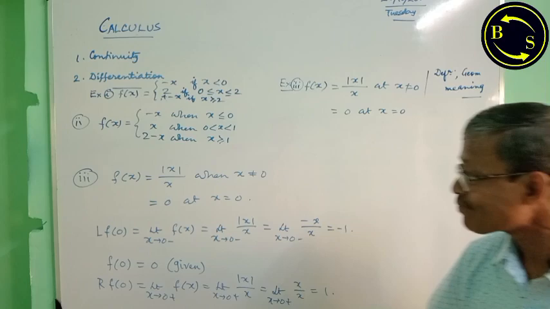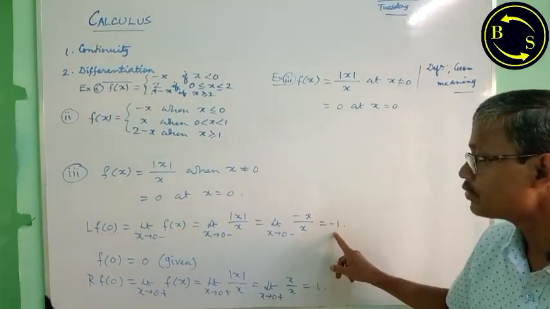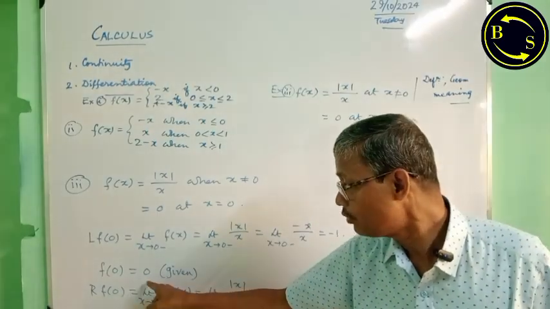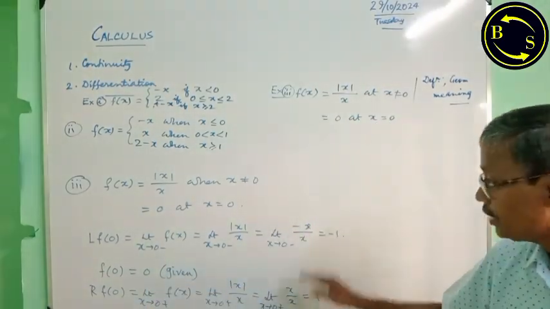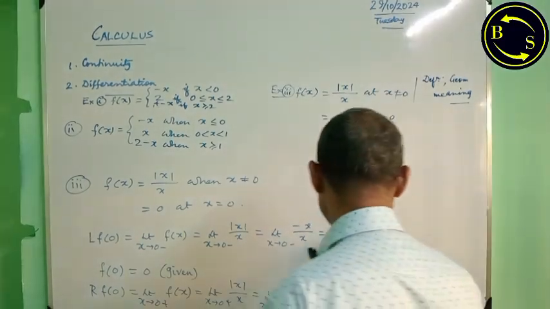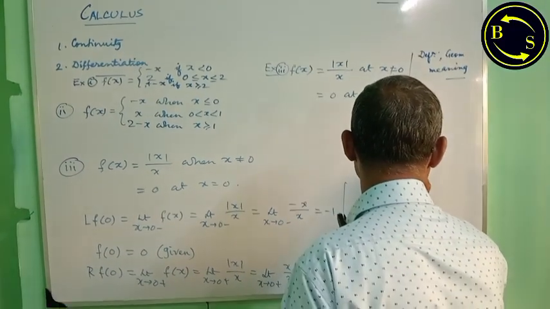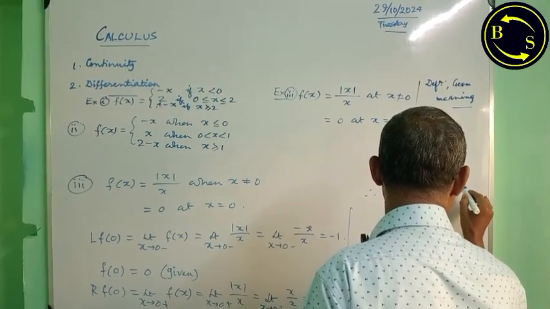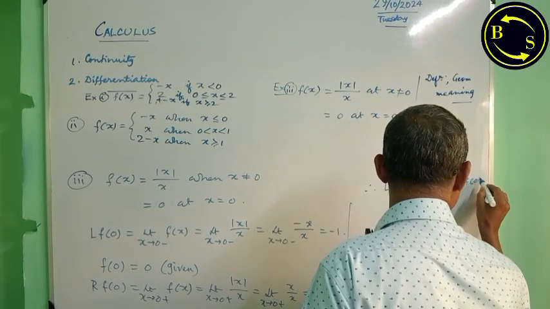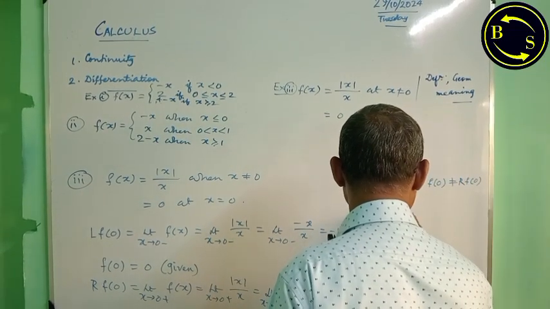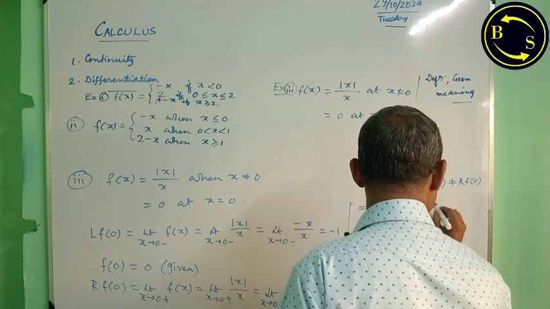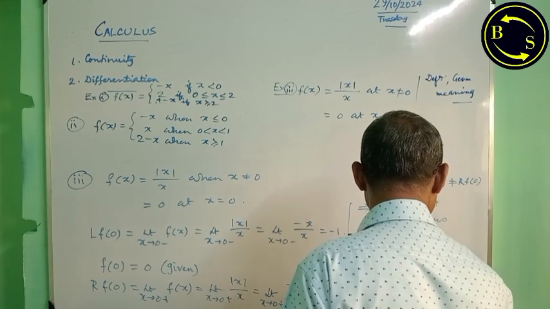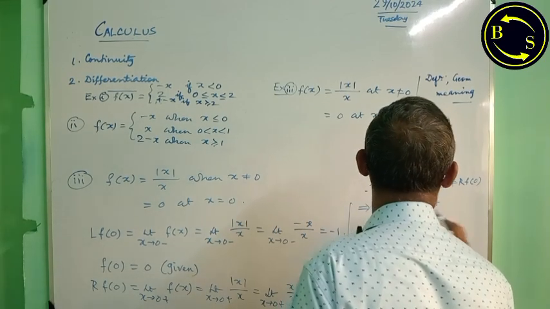What we find, left hand limit is minus 1, right hand limit is 1, and value of the function at the point x equal to 0 is 0. That means these three values are different. Therefore, LF0 is not equal to f0, that is also not equal to RF0. Therefore, the conclusion is f(x) is not continuous at x equal to 0.